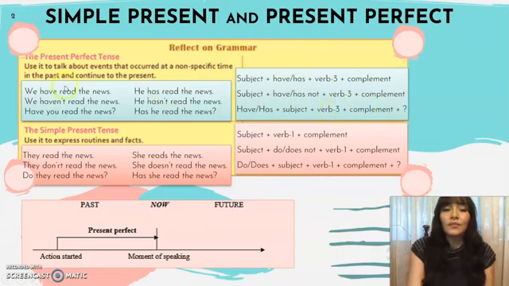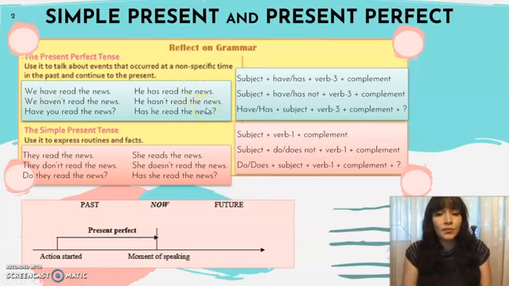So let's analyze some examples in order to clarify this structure. Here we have two kinds of sentences. In these sentences, we are working with plurals, and in these, we are working with the third person.